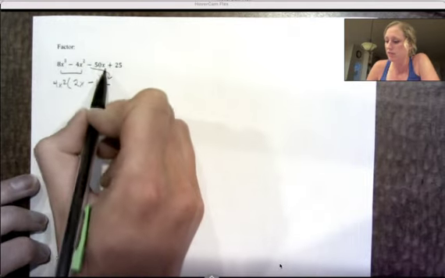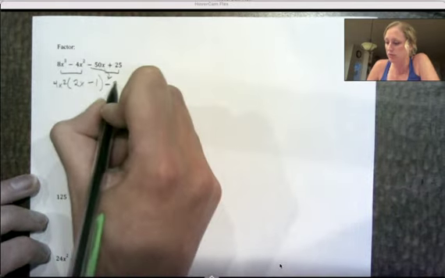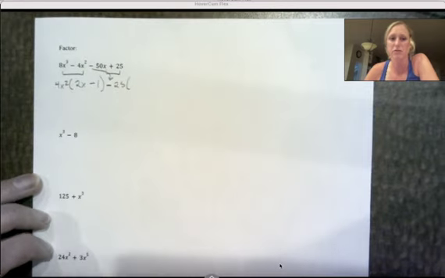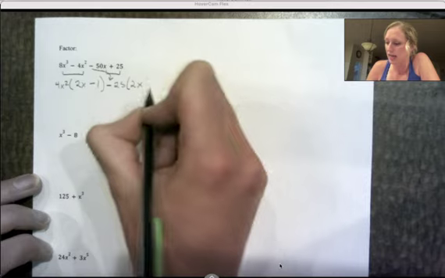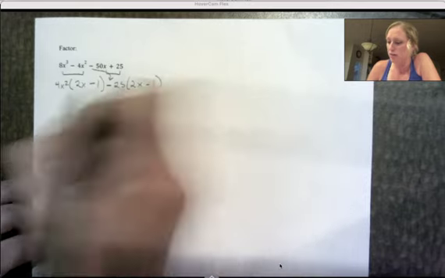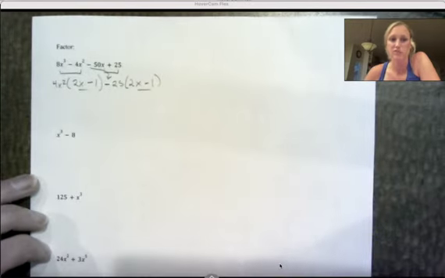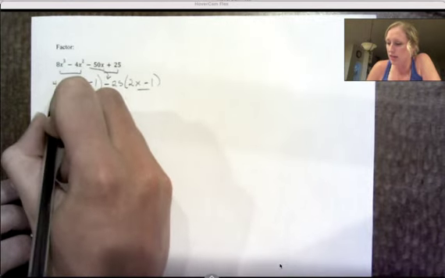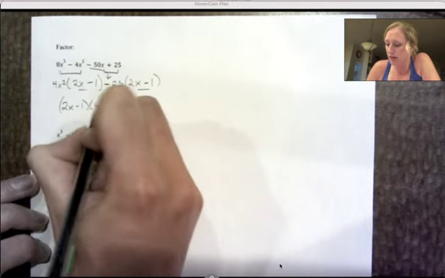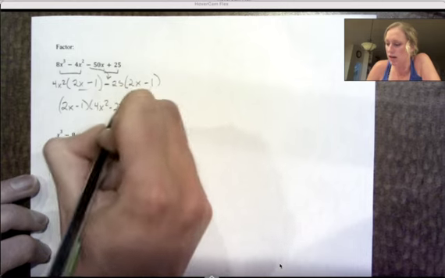The GCF for these 2 is 25, so I'm dividing by -25, which can make this a positive 2x and a -1. And remember, that's the goal, is we want what's in parentheses here to match. So now that's the GCF that goes in front, and these are the remaining factor.